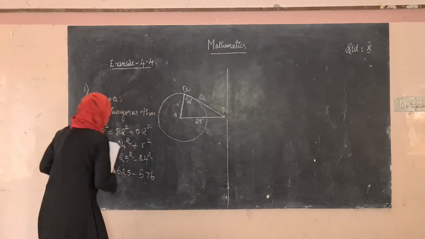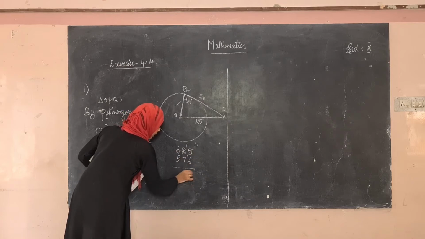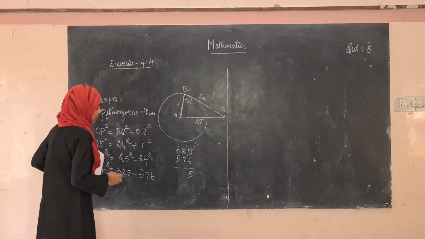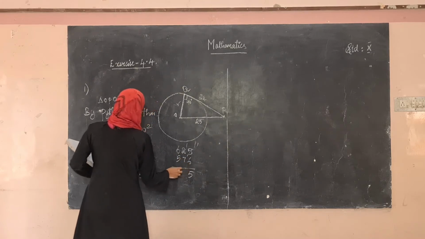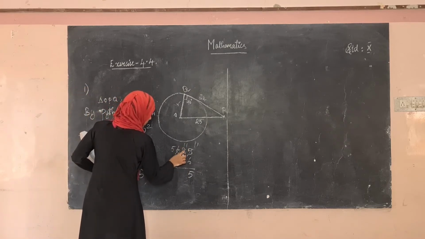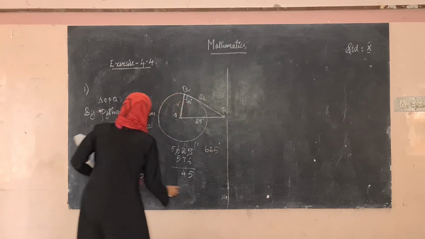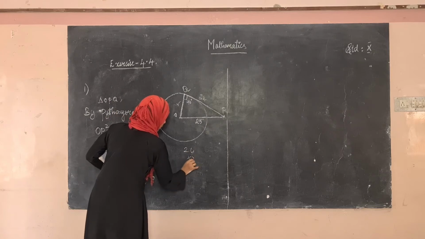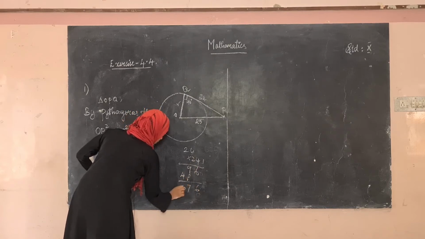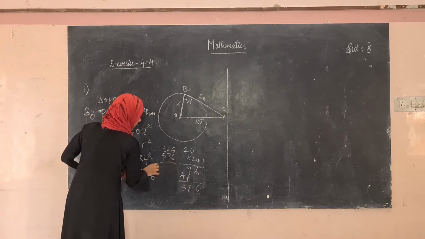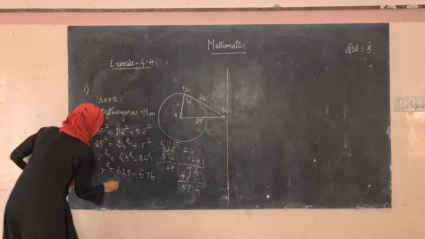What is the subtraction of 625 minus 576? It is 49. 625 minus 576 is 49.